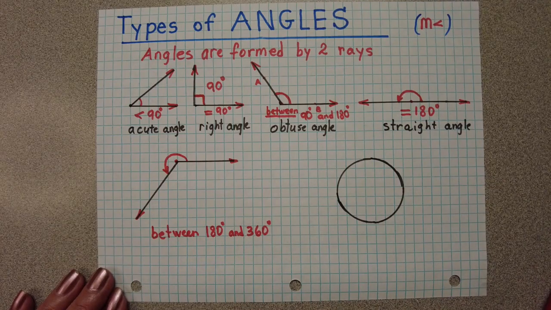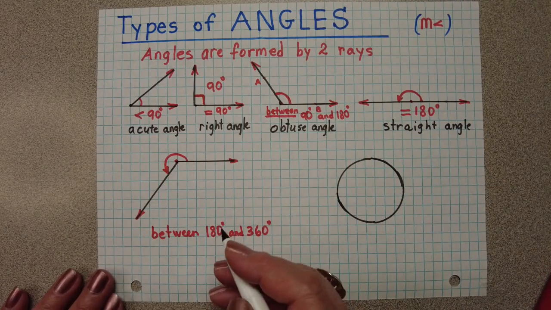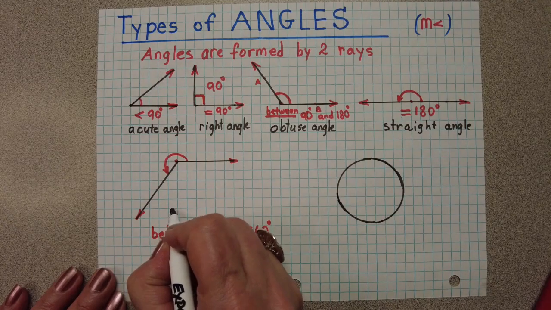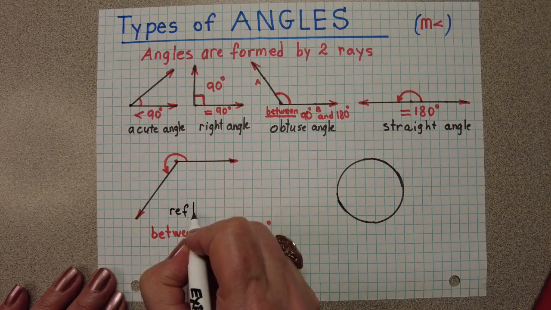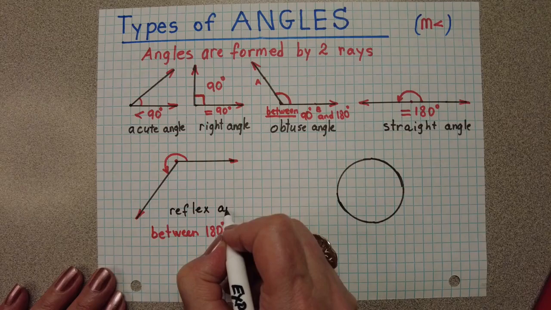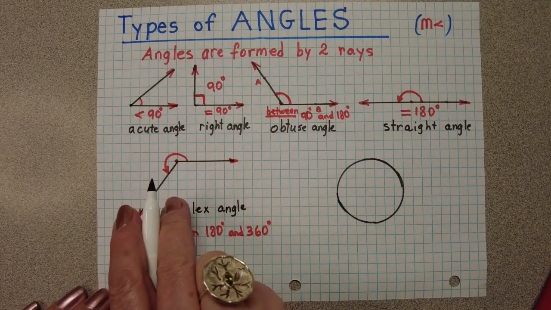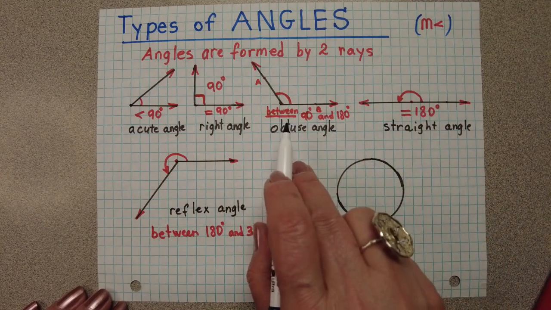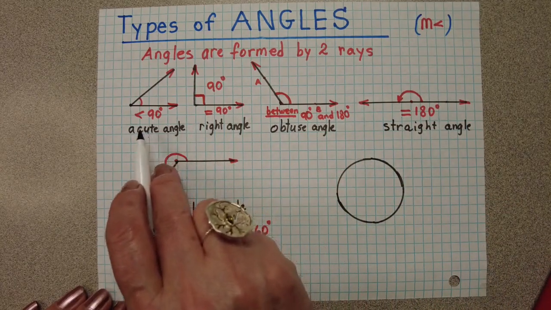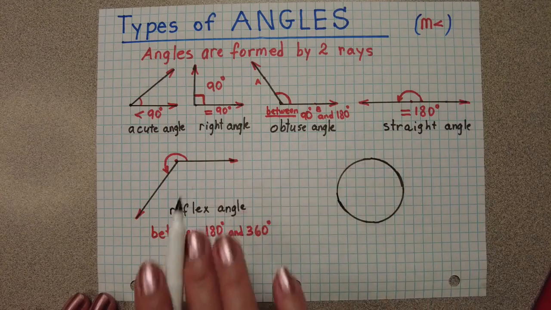So this one we call a reflex angle. Okay, so this is reflex angle, straight angle, obtuse, right, and acute. So far we learned these angles.